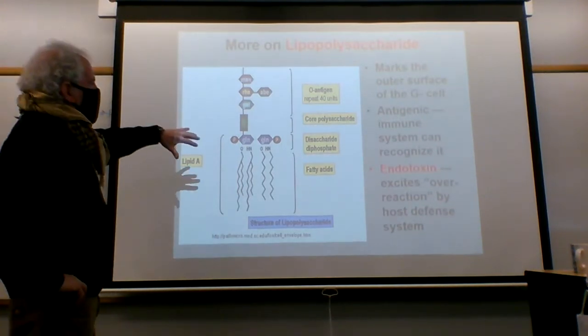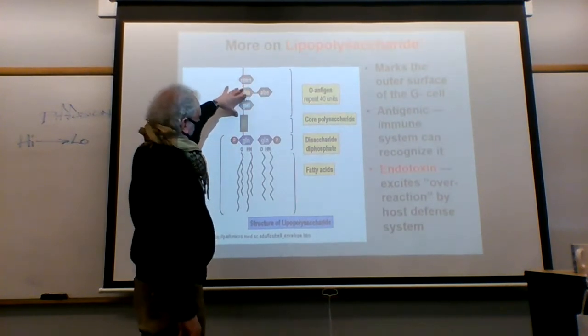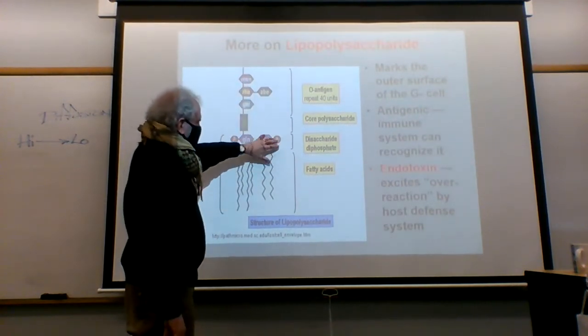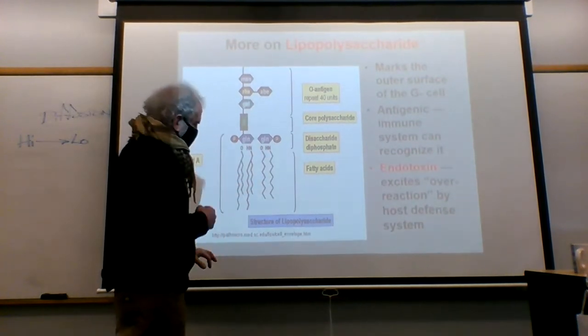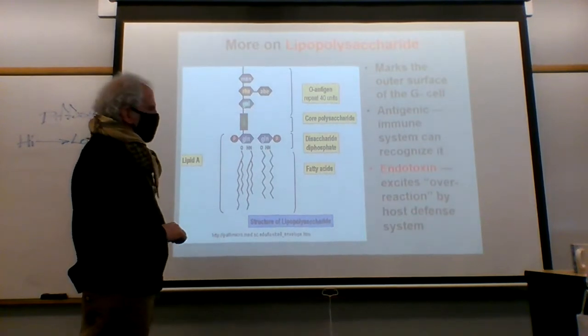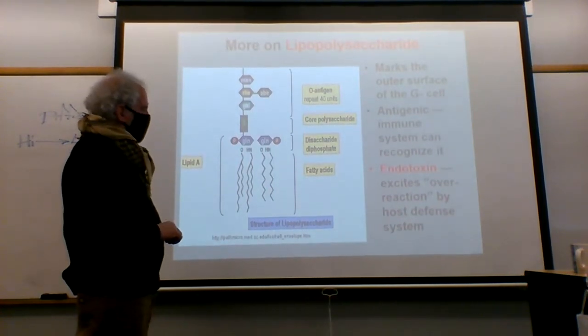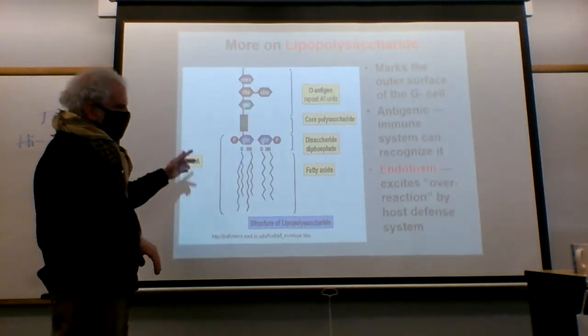And it's got this whole set of sugars coming off. And then we've got fatty acids, and these are interacting with the cell membrane. So this is the lipoprotein that is part of the lipopolysaccharide. And they got all kinds of different names, such as lipid A.